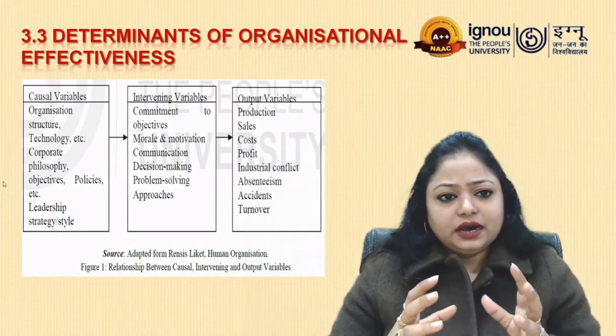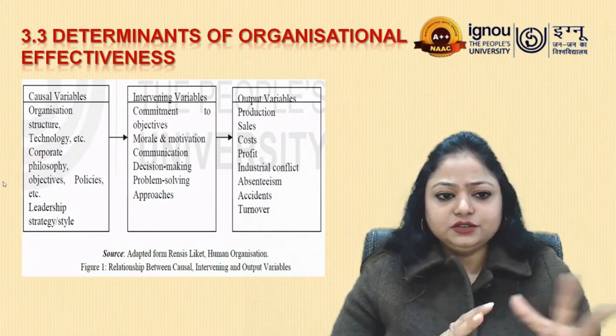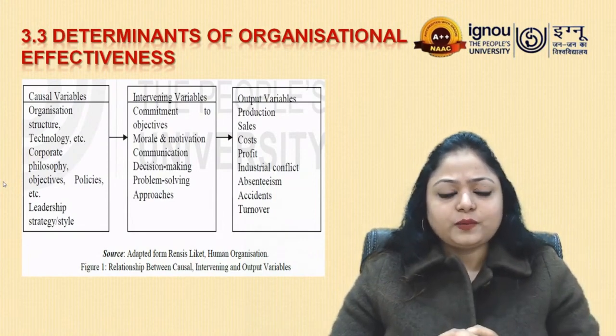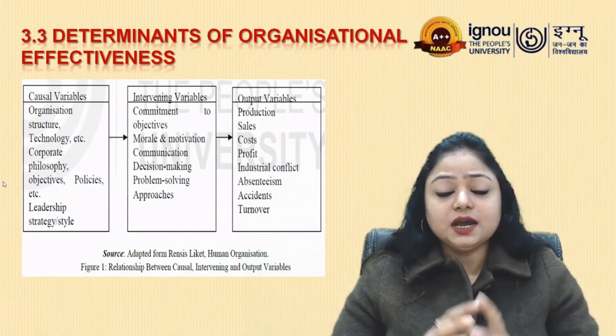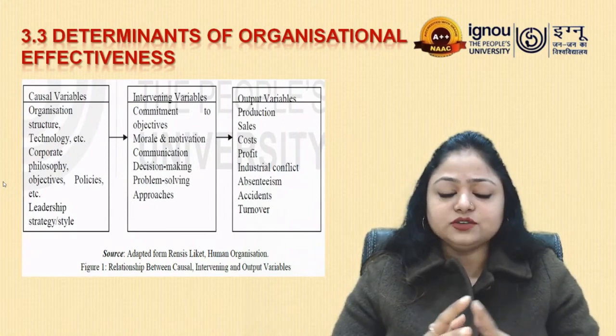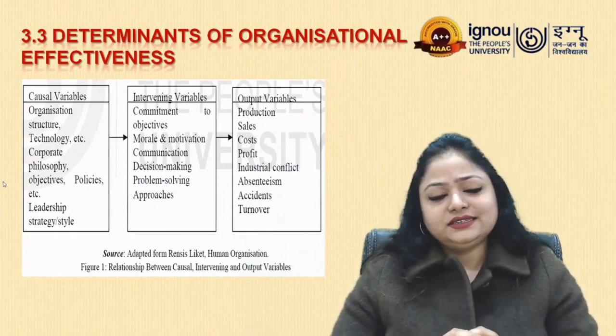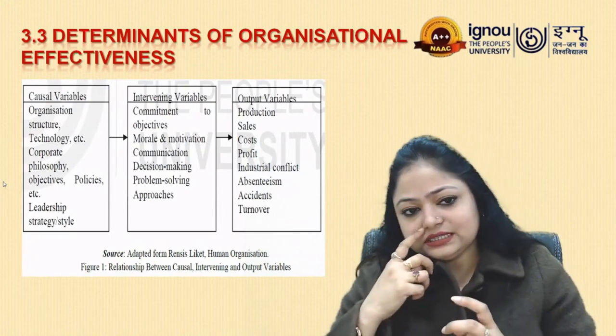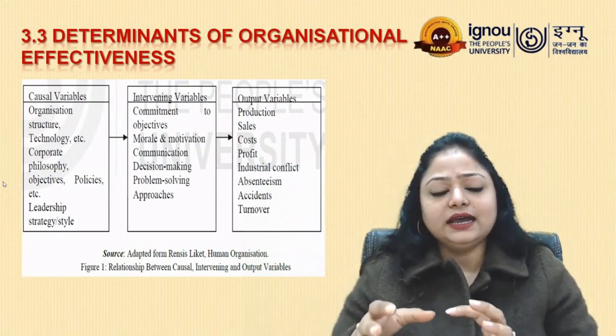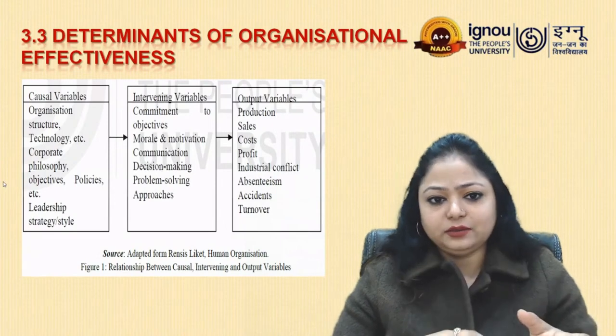Then another variable according to Likert is commitment to objectives, morale and motivation, communication of the organizational employees, then problem solving approach, decision making process, and the style of the employees. So these are the intervening variables that depend upon the causal variable.